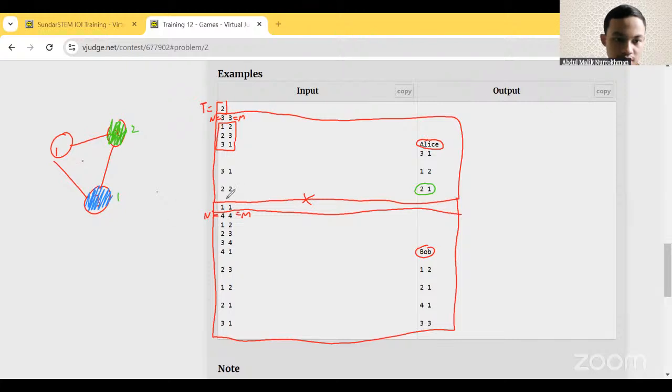Bob will color it with 1, so there are two adjacent vertices with the same color. That's why Alice wins the game. So we win the game.